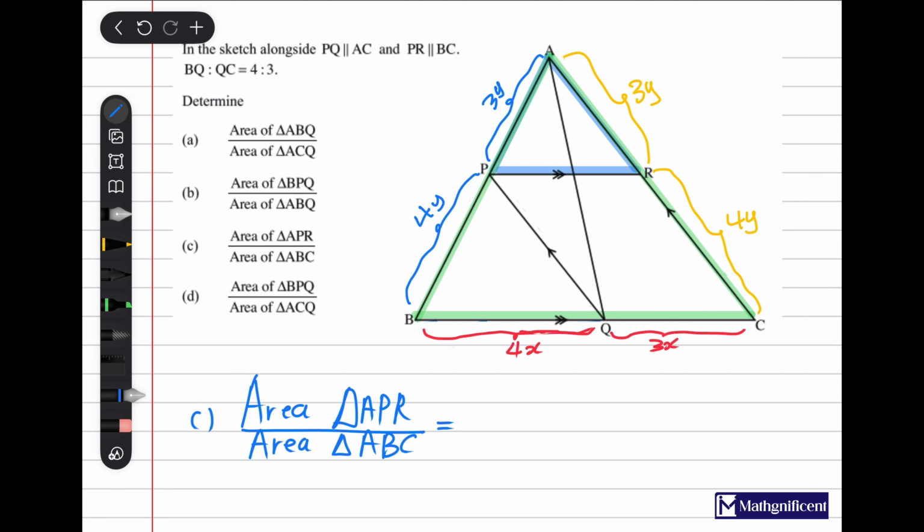So how are we going to do this? We're going to say half times, focusing only on APR, we use the area rule relative to the common angle, which is A. What are the adjacent sides there?